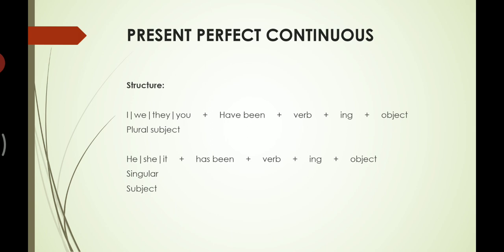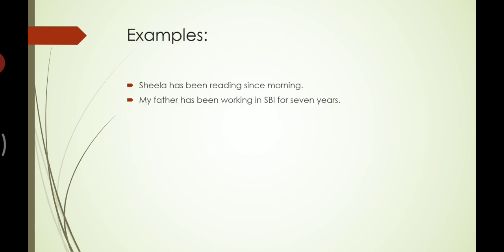Let's understand this structure with the help of examples. Sheila has been reading since morning. My father has been working in SBI for 7 years. Look at the sentences carefully. Here, Sheila and my father both are singular subjects.